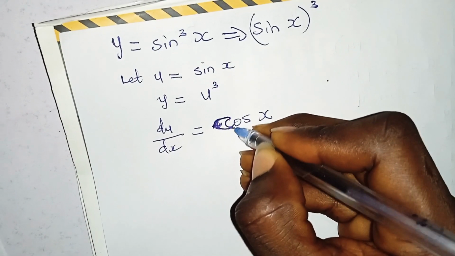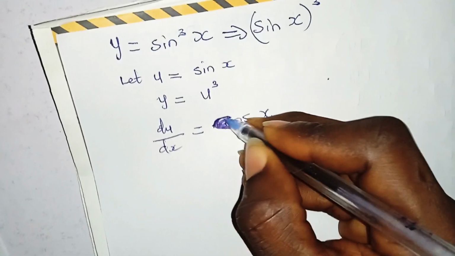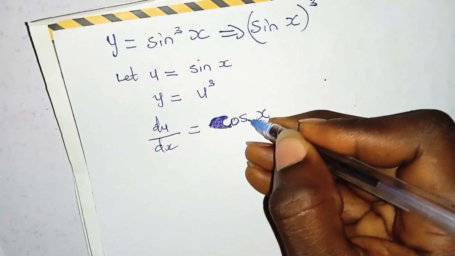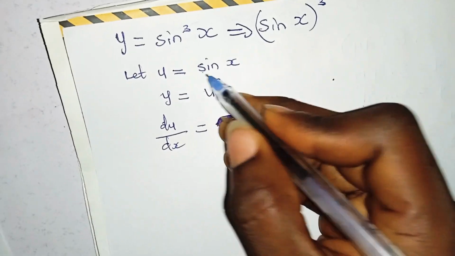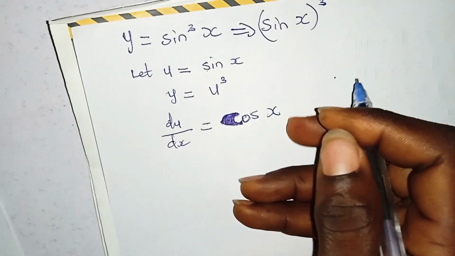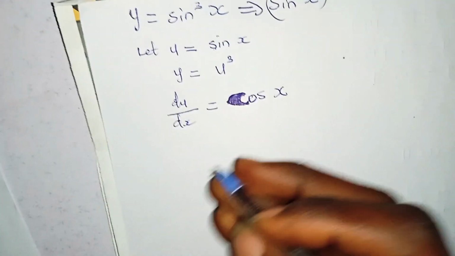Just cos, please. So this is the same thing as cos x. Anytime you see s, it is positive; anytime you see c, the derivative of c is what will be negative. So this is s, the derivative is cos x.